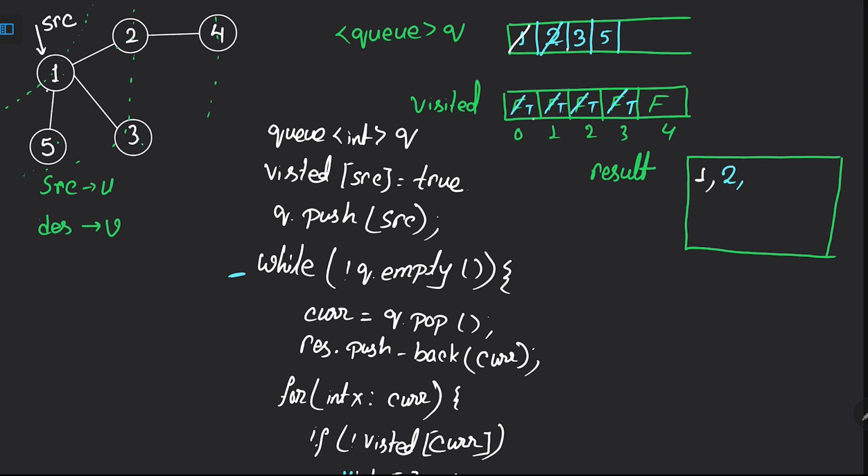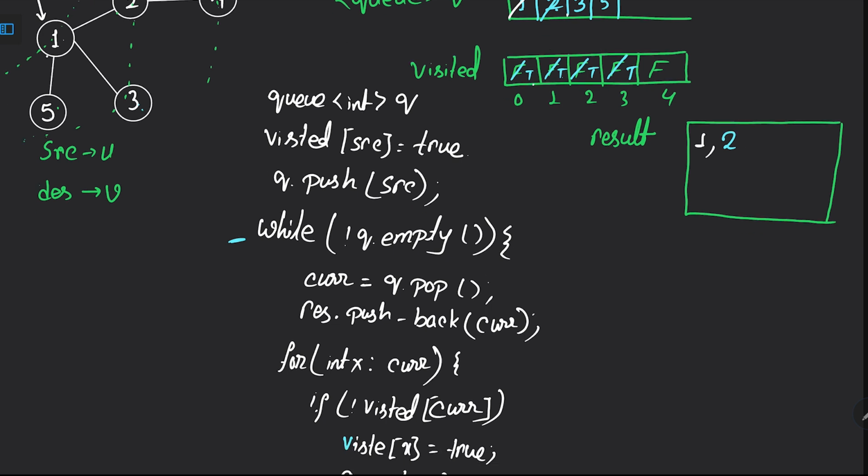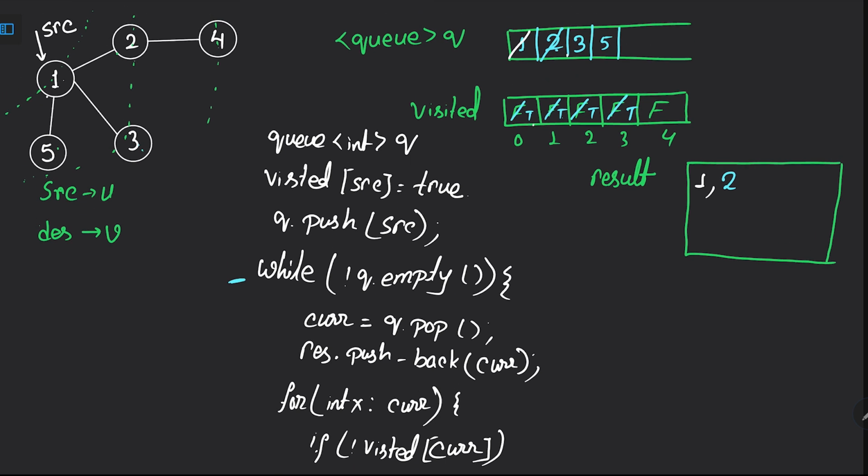Now when 2 is popped out, it will check if its neighbor is visited or not. If not visited, then the neighbor is not visited, so also it will first be true here, and then it will push back in queue.